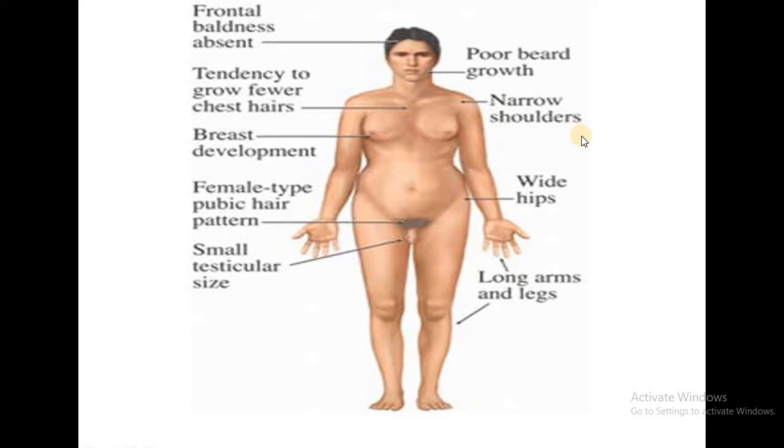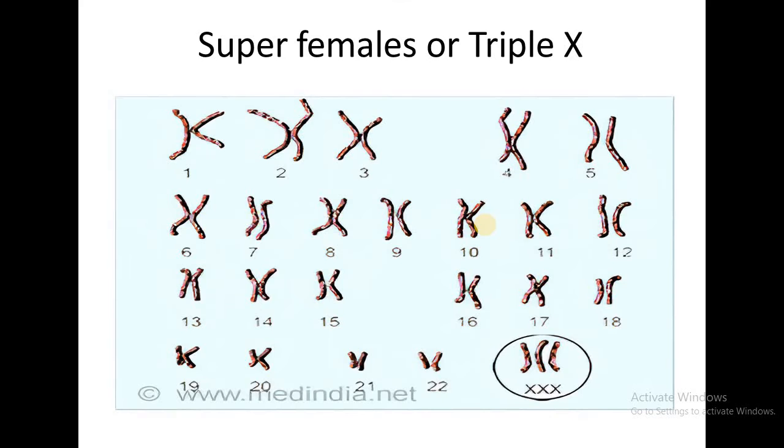There are narrow shoulders and poor beard development. You can also see the fat deposition is of typical female type, and there is low androgen secretion. The person who has Klinefelter syndrome has mental retardation to some extent, and they are sterile. So these are the features of the person suffering with Klinefelter syndrome.